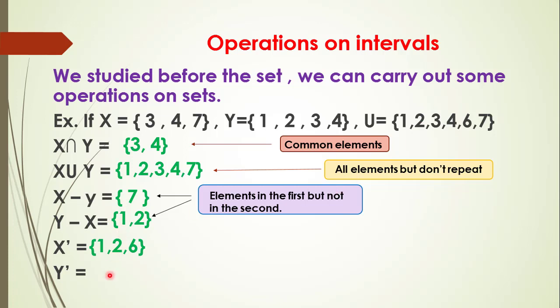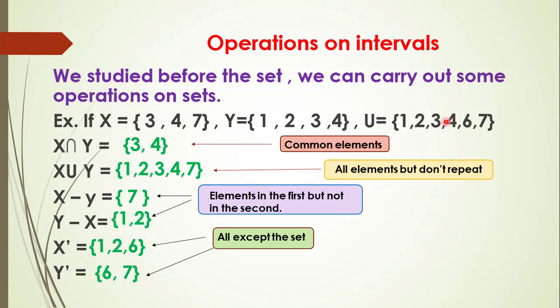In the same way, y dash means all elements except y. So I remove y from the universal set. I cancel 1, 2, 3, and 4, so I write 6 and 7. So complement means all except the set.